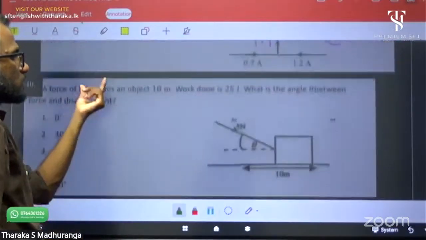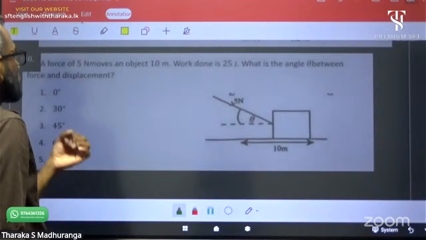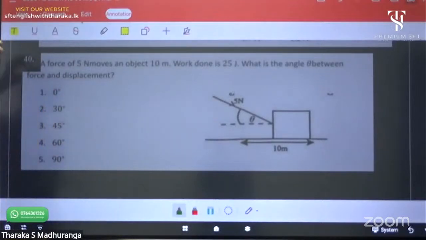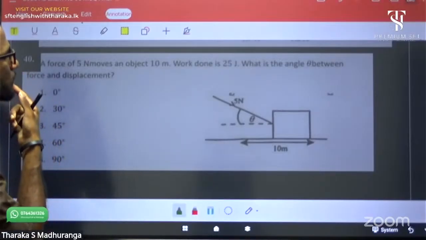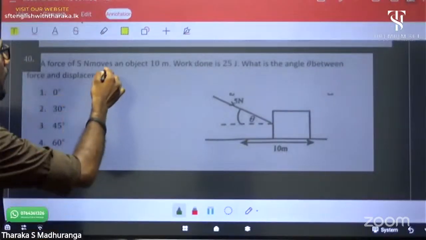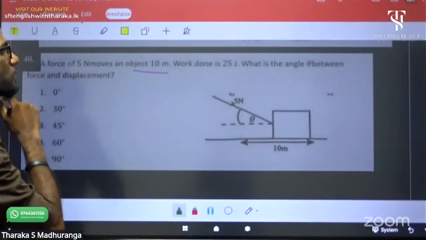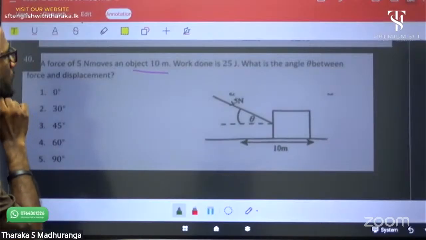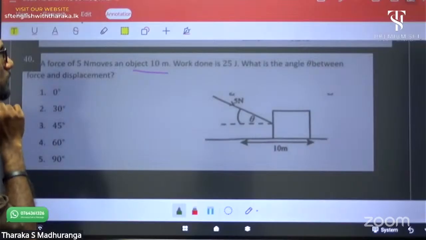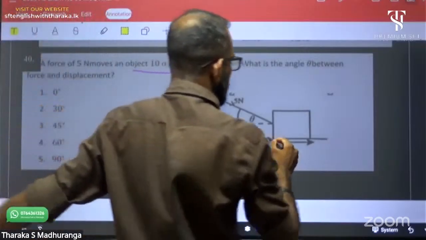Question number 40, it's a simple one. A force of 5 Newton acts on this object and moves the object a 10 meter distance. The work done is 25 joules. What is the angle between the force and the displacement? That means the ground direction, right?